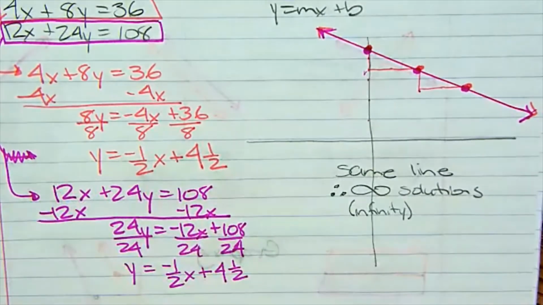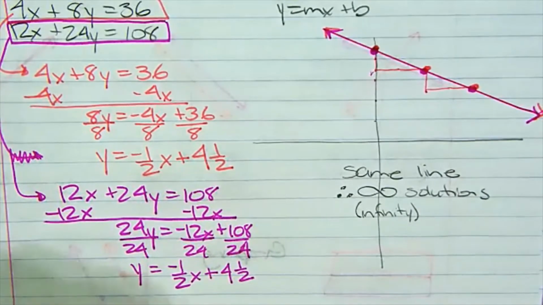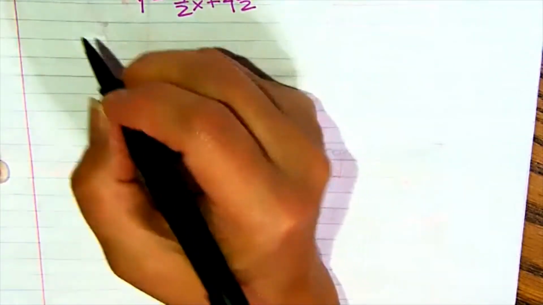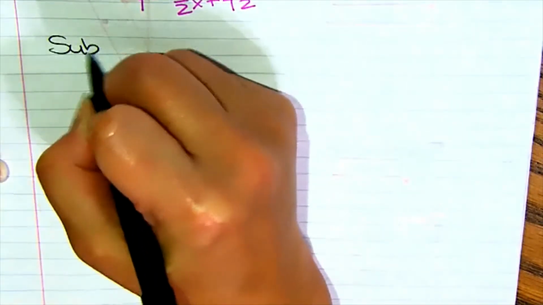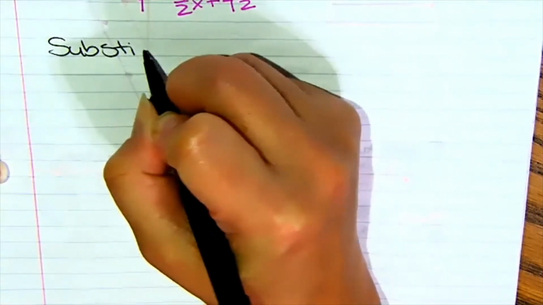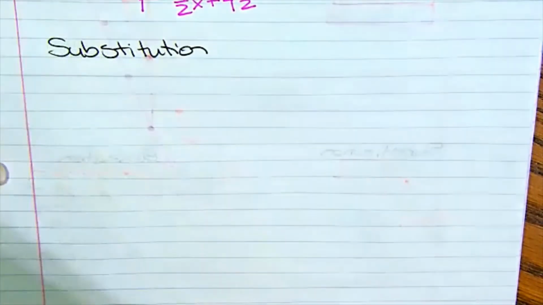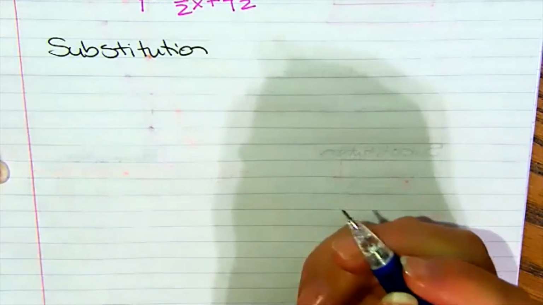Infinite solutions. Okay, let's talk about what that looks like when we substitute and when we eliminate, because sometimes graphing's not feasible. So let's talk about what it looks like when we use substitution.